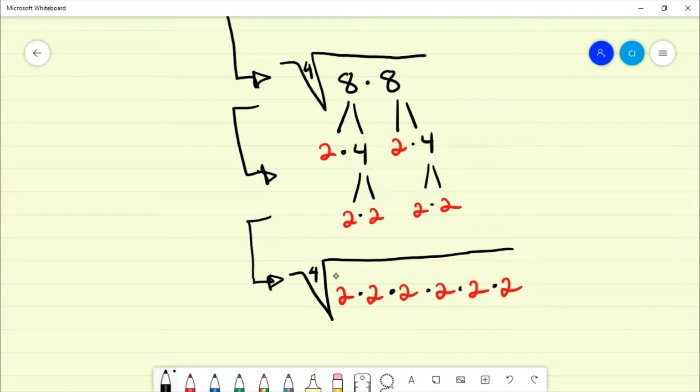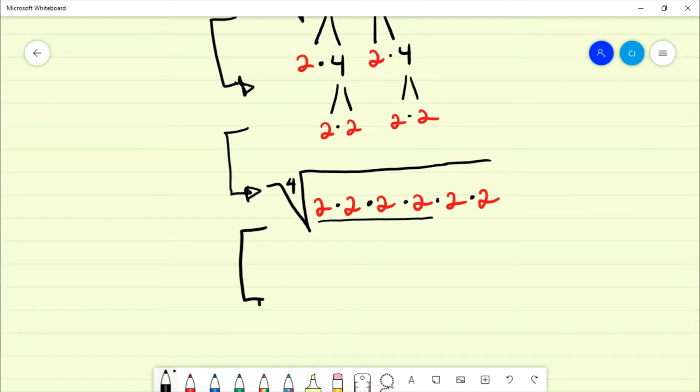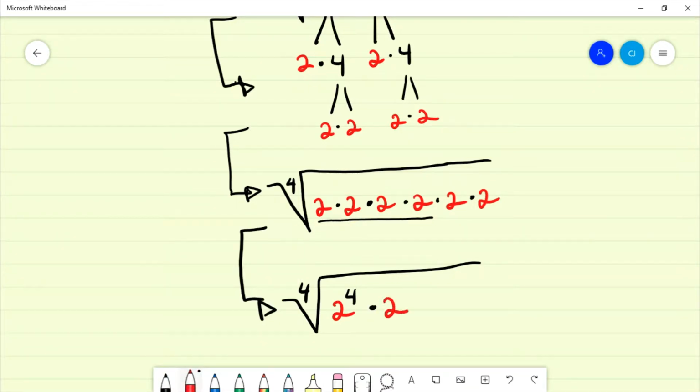So say for instance, I could take this group of 2s and rewrite it as the fourth root of 2 to the fourth power, and we don't want to forget our other 2s, times 2 times 2. Unfortunately, we're left with a set of 2s that we can't take to the fourth power, because if we combined these it would actually be 2 to the second.